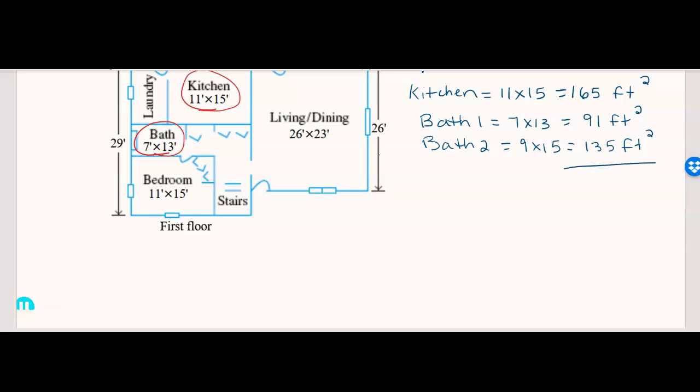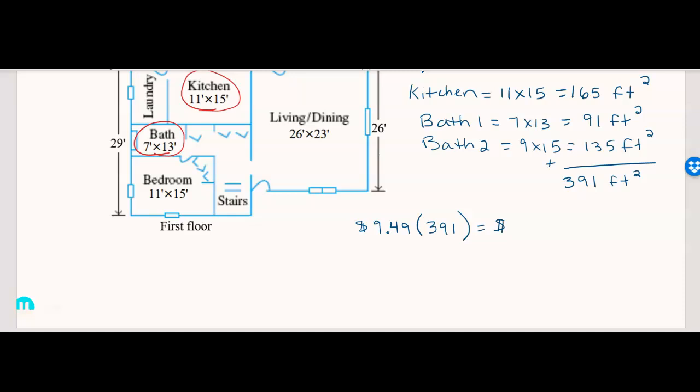Now, we want to get the total so that we can figure out how much it's going to cost all together. So you want to add up all 3 of the square footage for each of those rooms, and we get 391 square feet. Now, we were told at the beginning that the cost is $9.49 per square foot, and we're going to multiply that, there's a decimal there, by 391.